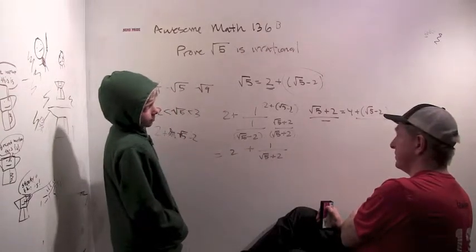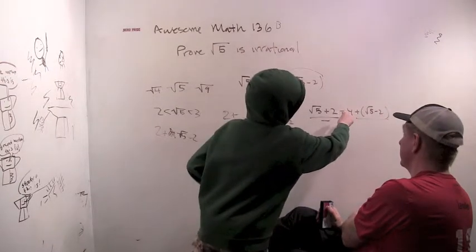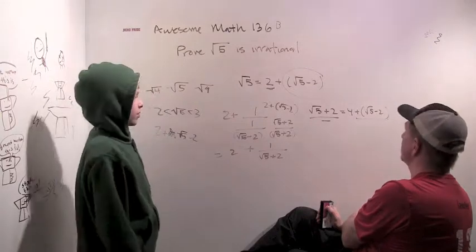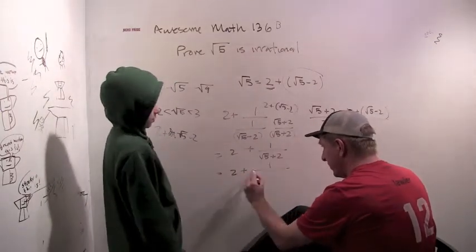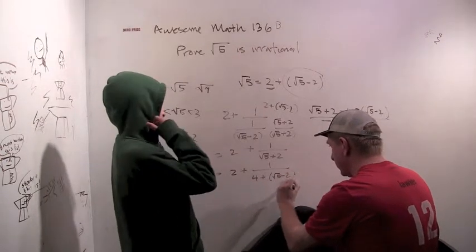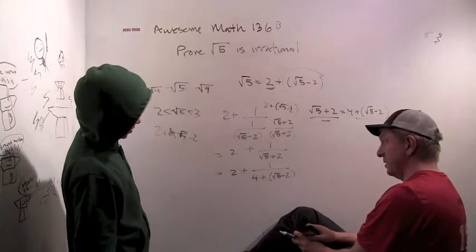Well, yes, because you can cancel the 2 and the 4, and then we get 2 plus the square root of 5. Very good. This is the same. So this is 2 plus 1 over 4 plus square root of 5 minus 2. Alright? Does that make you happy?